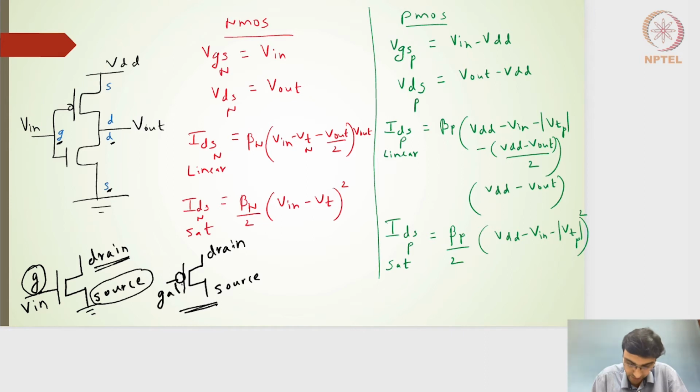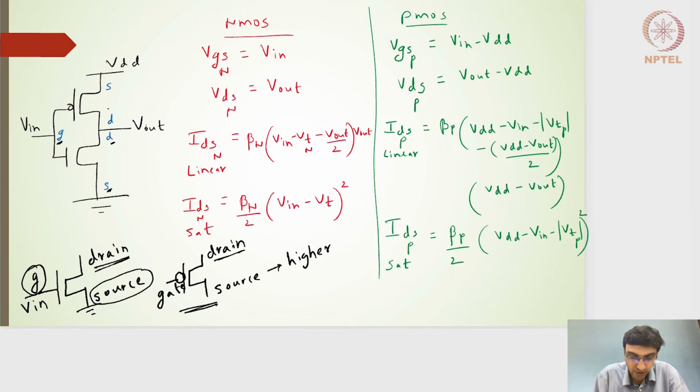For PMOS, we know that the source should be at a higher potential than that of the drain, so this should be at a higher potential than the drain.